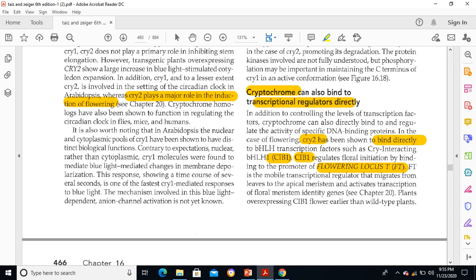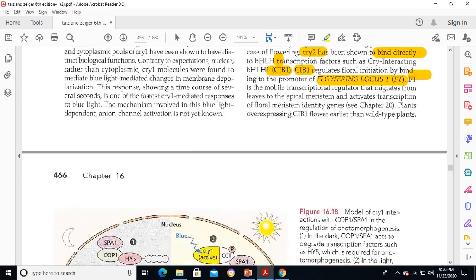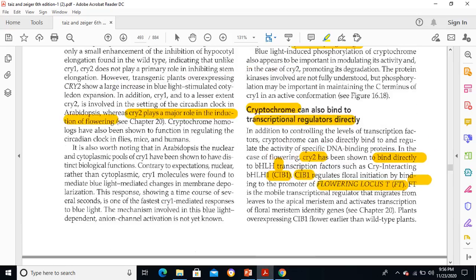It is because this cryptochrome can bind directly to a transcription regulator factor, CIB1. So when cryptochrome 2 binds to CIB1, CIB1 will bind to the promoter of flowering locus T, and when it binds to the promoter, it promotes the transcription of flowering locus T, and FT will induce flowering.